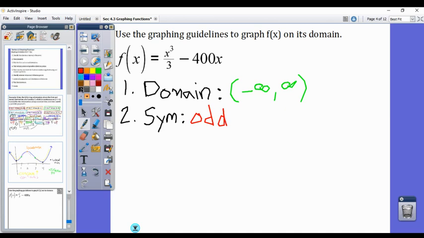All right, next we are going to find our first and second derivatives. Okay. So my first derivative, we're going to get x squared minus 400.